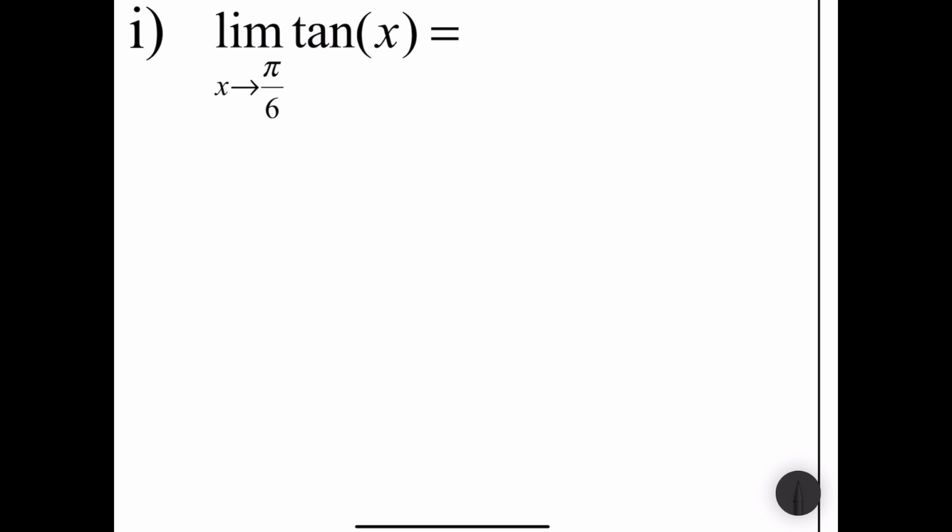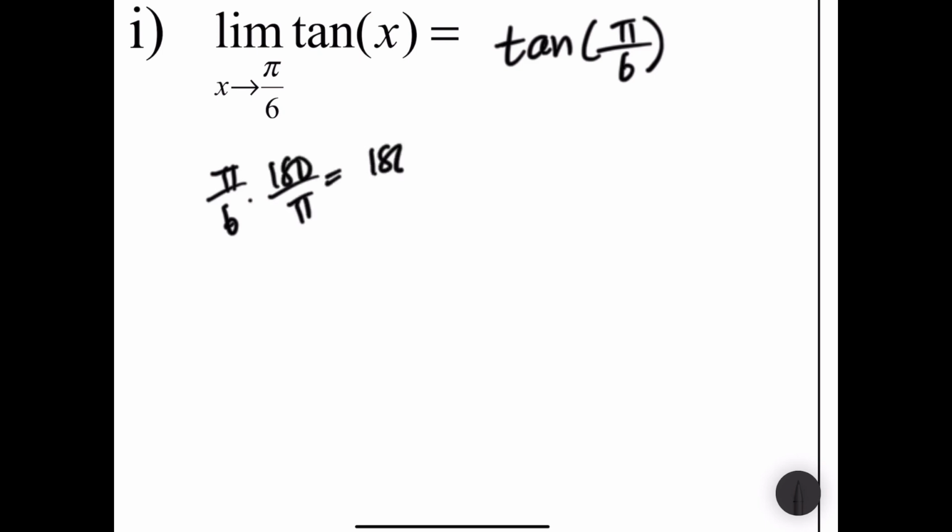I have tangent of pi over 6 for my next limit. Again, if you know your unit circle, amazing, use it. If on the AP exam you forget your unit circle, you can always use reference triangles. So I convert this to degrees, and I know I'm going to be observing the tangent of 30 degrees.